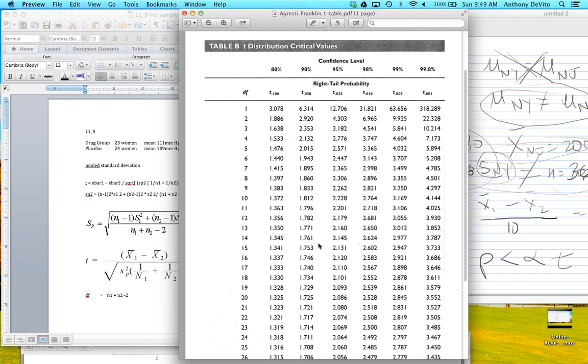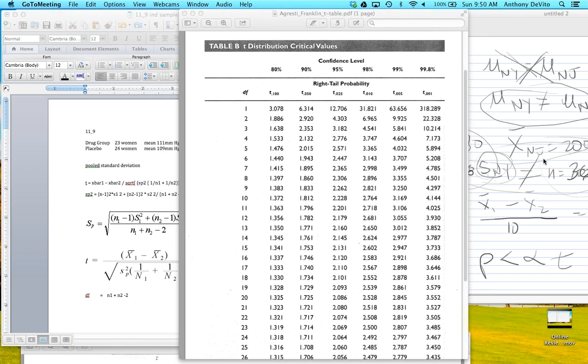You can use the t-table to get a range for your p-value, but most of the time you're just using the t-table to decide whether or not you can reject the null hypothesis at an alpha of 0.05, which is represented by a 95% level of confidence, or a right tail probability of 0.025 plus the left tail of 0.025 added together. Okay, does that help a little bit?